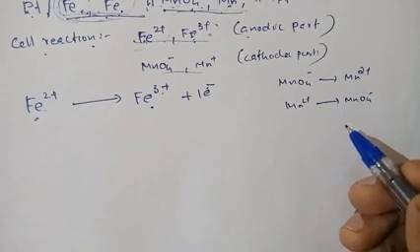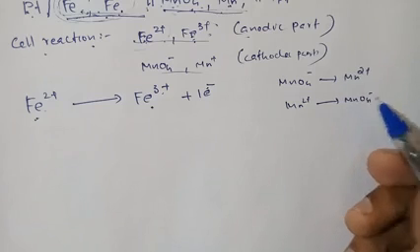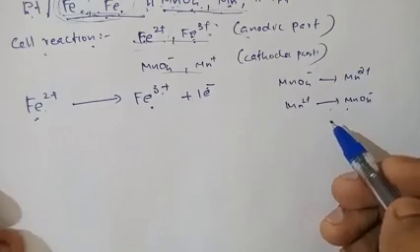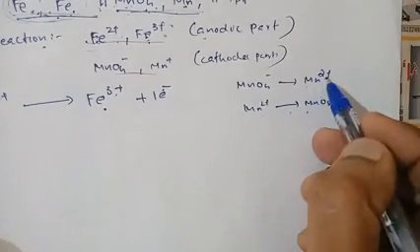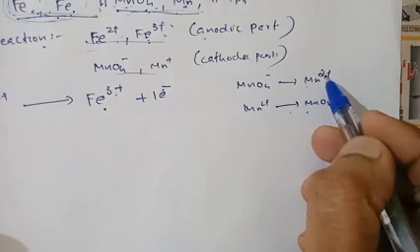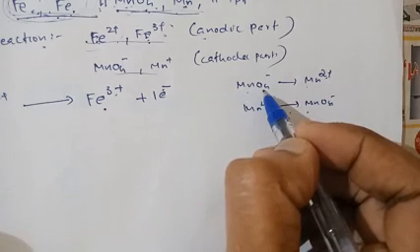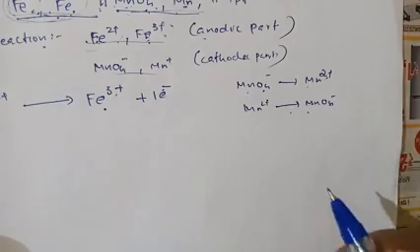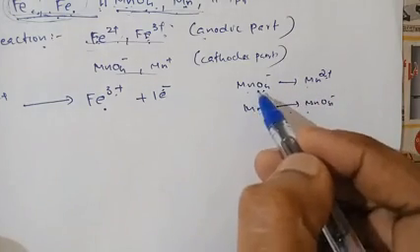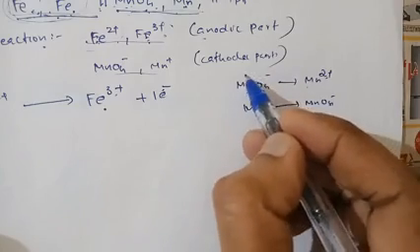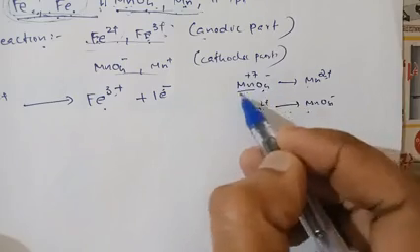We should know this is the cathodic part. In the cathodic part, reduction takes place. Clear? Just look here. What is the charge of manganese? It is 2+. Here, what is the oxidation state of manganese? In the previous class, we discussed how to find oxidation numbers. Here, in MnO4-, manganese is in the +7 oxidation state.